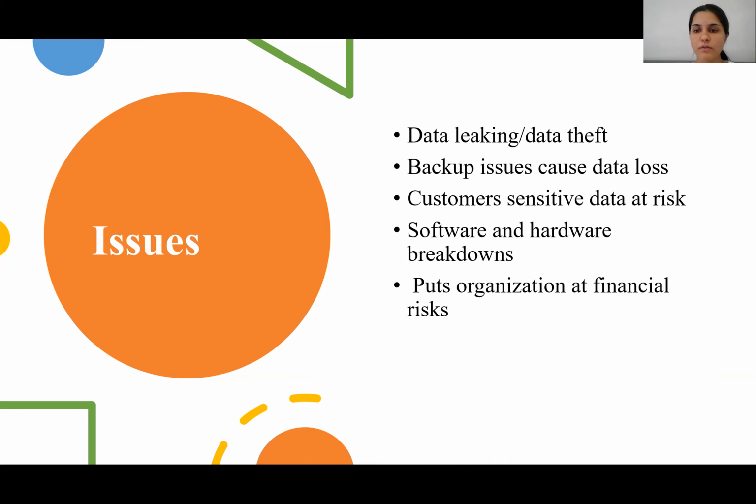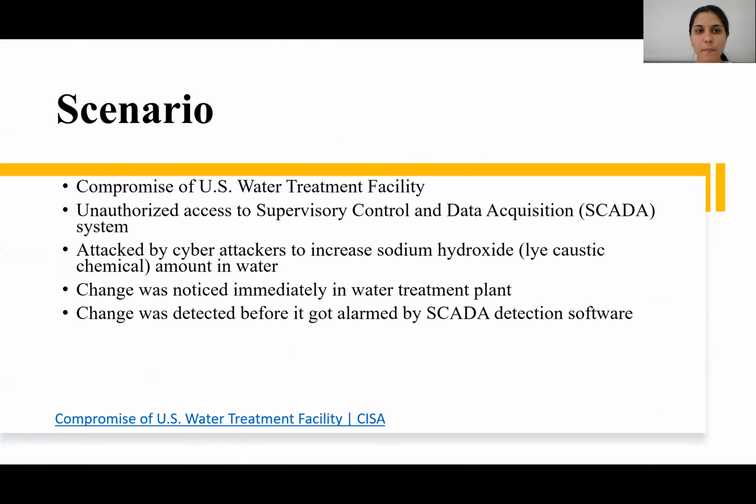It can also cause software and hardware breakdowns, and shadow IT applications put the organization at financial risk, because compliance or agreement issues with customers' data can cause fines for an organization, and if any software causes data loss, the organization has to pay to cover all the data by using other technologies.